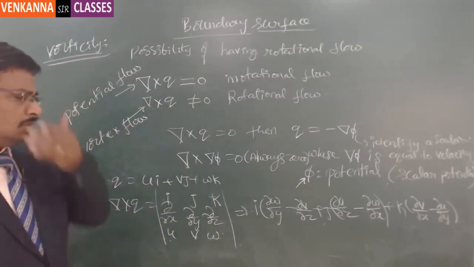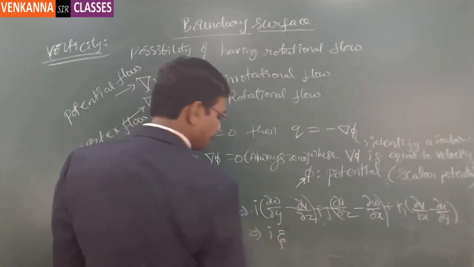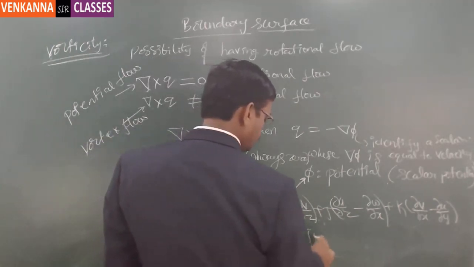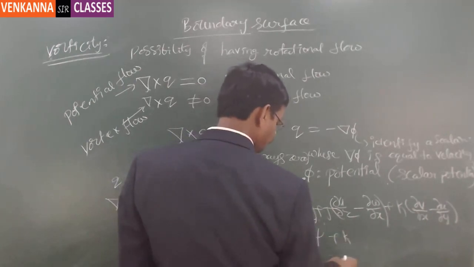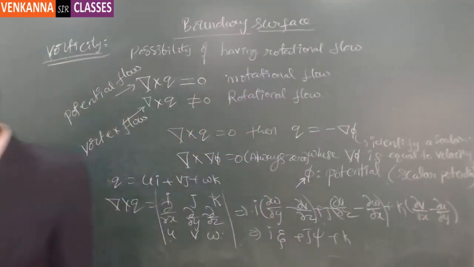Got it? So this is i into xi plus j into eta plus k into mu. There is a standard convention: xi, eta and mu.